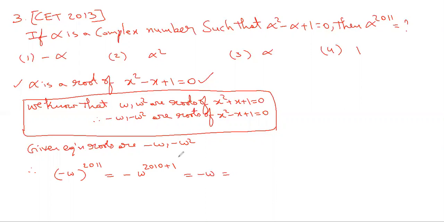But minus omega is nothing but alpha. Basically, alpha equals minus omega, and so minus omega is nothing but alpha. That is the root.